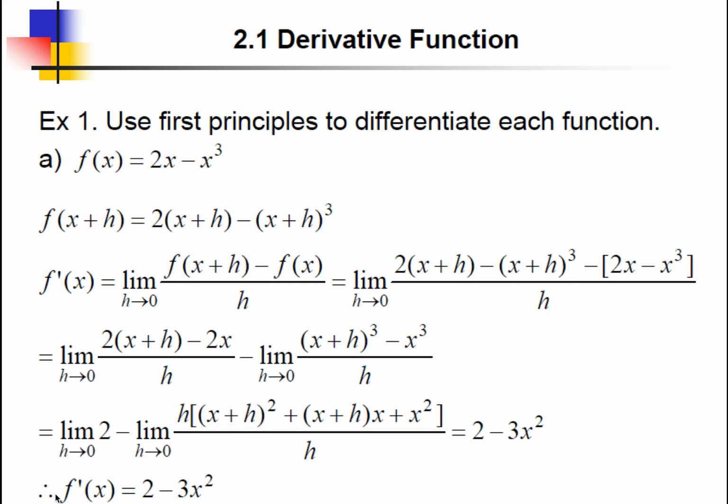Then we say therefore f prime of x is 2 minus 3x squared. Now we calculated the derivative of this function using first principles, and we got that. So this is dy by dx, or f prime at x, or f prime of x, and that is the answer.